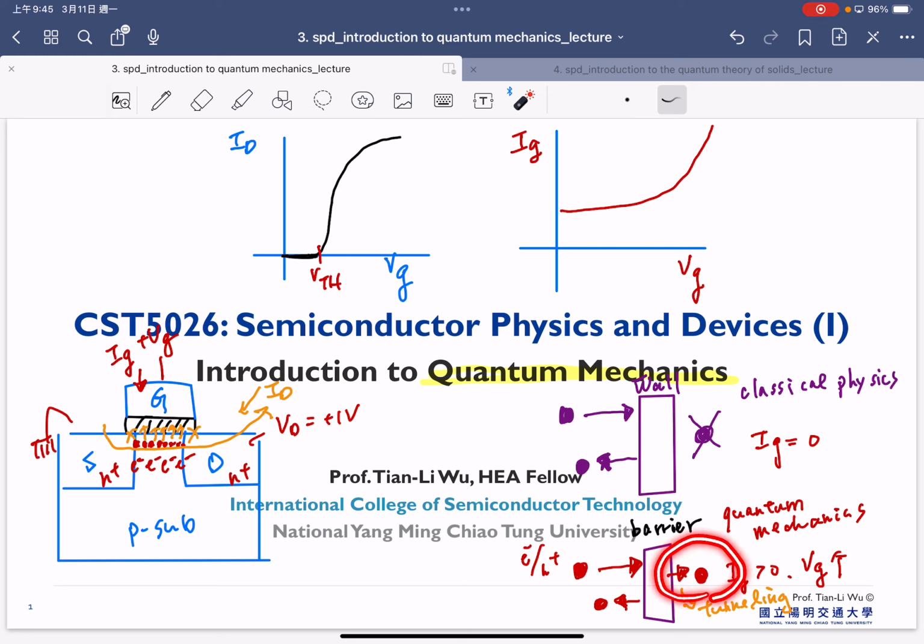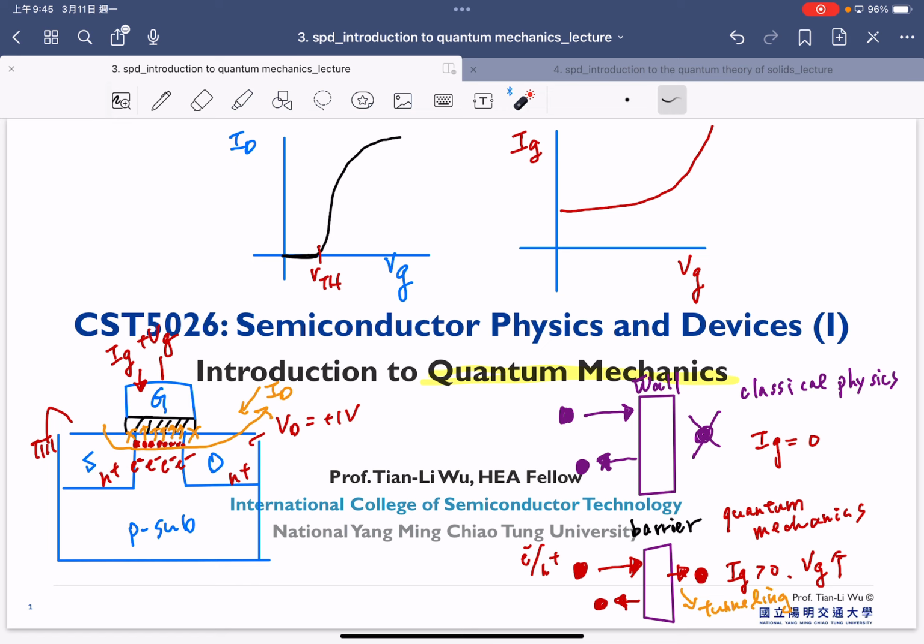Because we can find the carrier on the other side due to tunneling, that means electrons here can tunnel toward the gate and in the end become the leakage current. Finally, we have some physics that allows us to understand this characteristic. So that's the general idea of why we have to understand quantum mechanics.